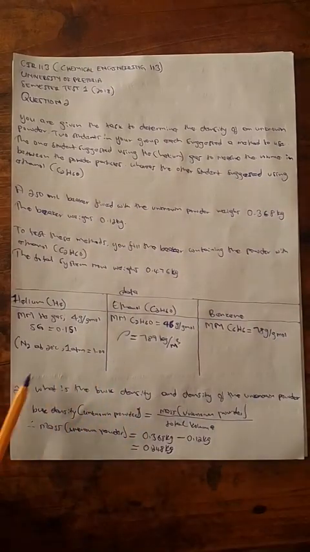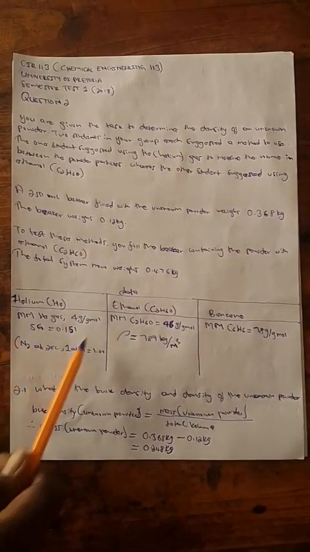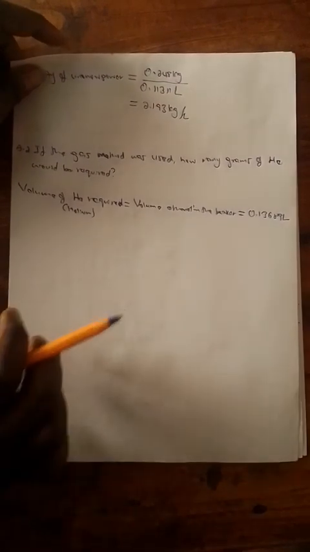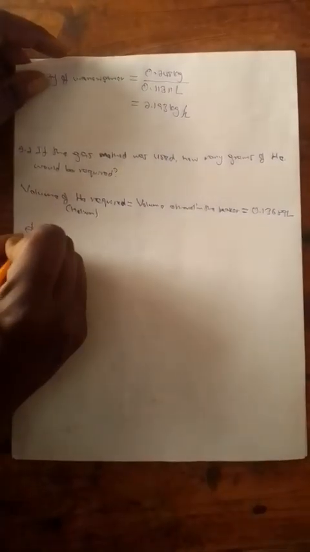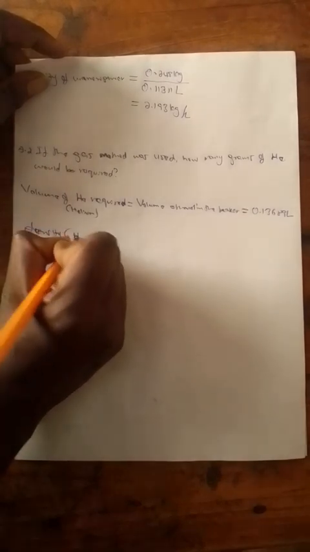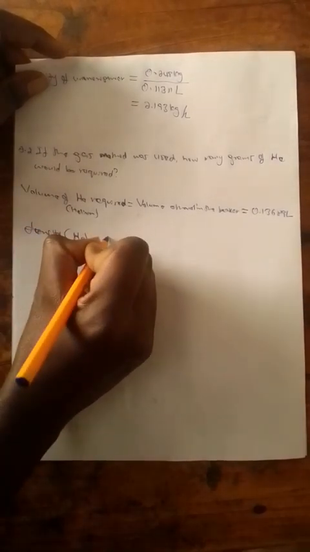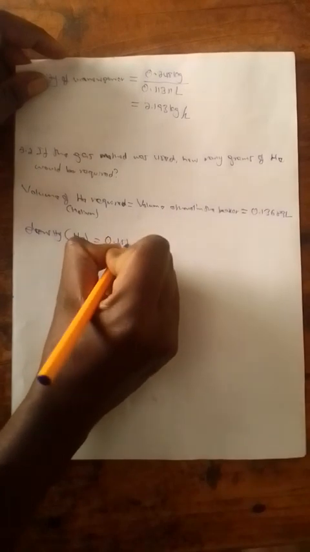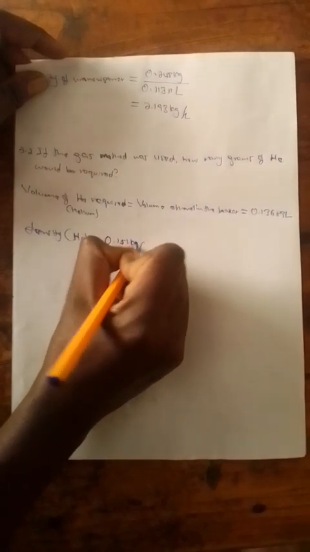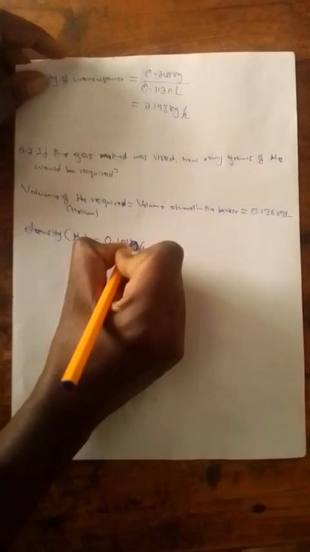If we check our data, we realize that we have the Sg of helium. We can simply calculate our density. So the density of helium is equal to 0.151 kilograms per liter.